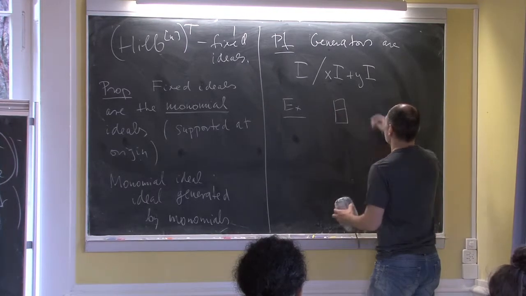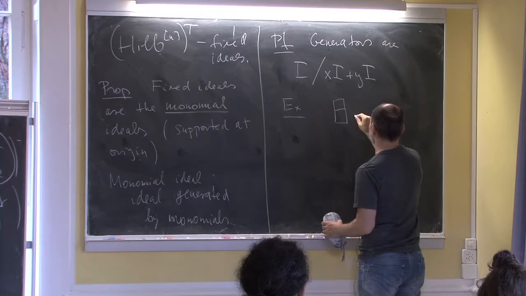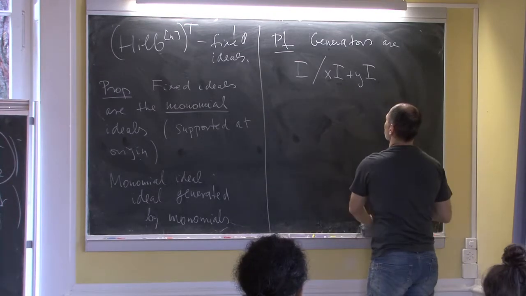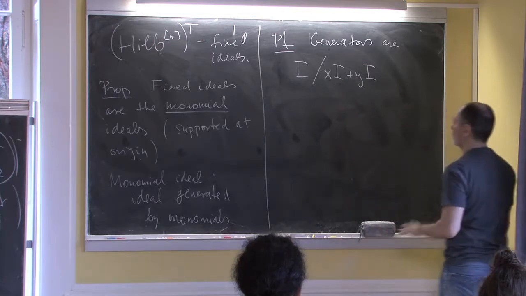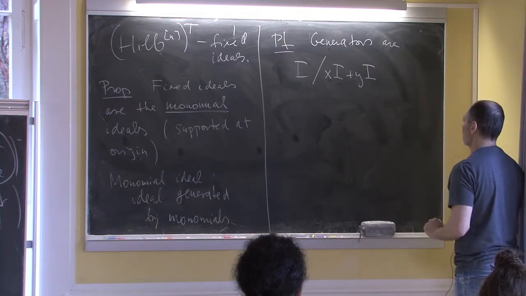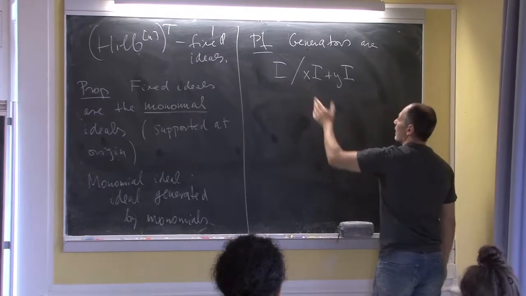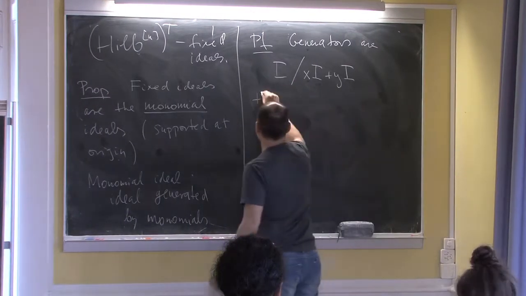The language is the following, I look at, this I need to explain a bit better. Anyway, so let's just believe in this, and I'll give you some examples in a second. Anyway, so this is naturally the generators, and this is always finite dimensional.